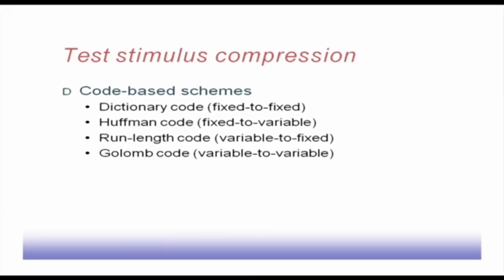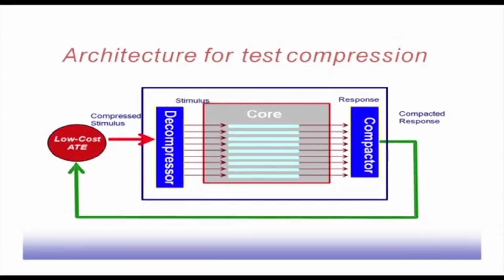One thing that we should keep in mind is that this test stimulus compression has to be lossless. If you look at this diagram, at this point I really want the original test patterns back. So whatever compression is done must be lossless.